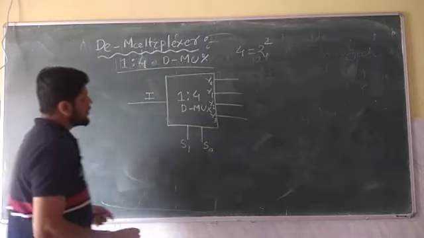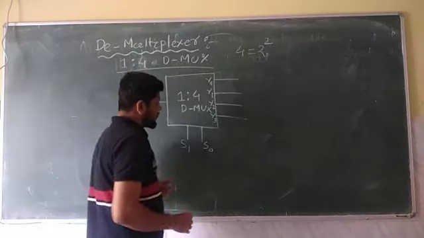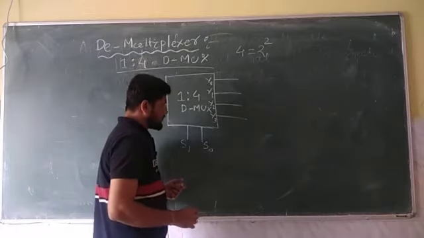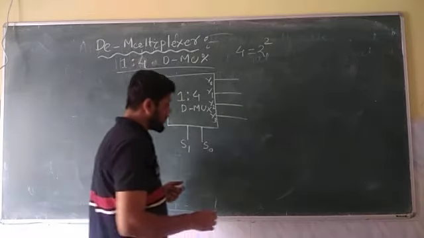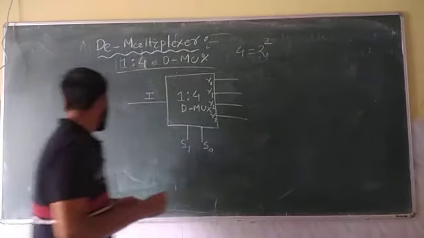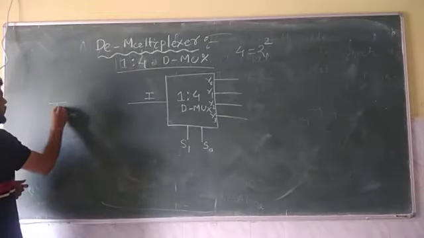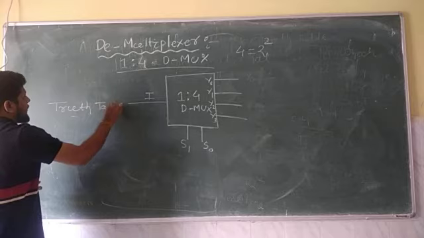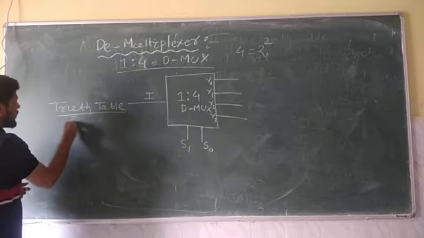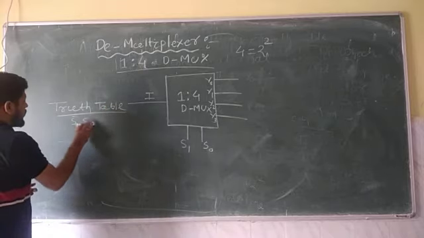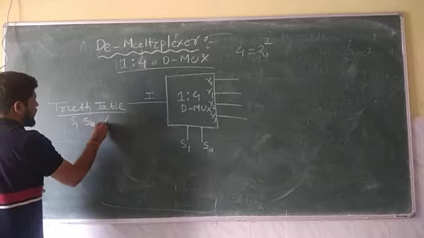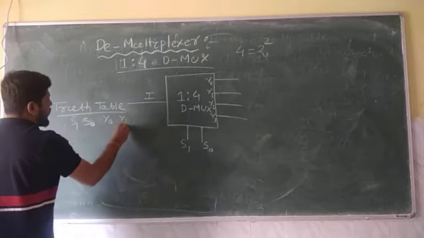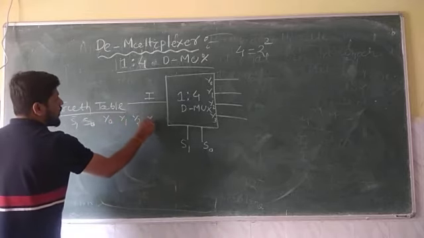So now we will write the logic expression. But before that we will see the truth table. So I am now going to construct the truth table. So we have S1, S0, Y0, Y1, Y2 and Y3.